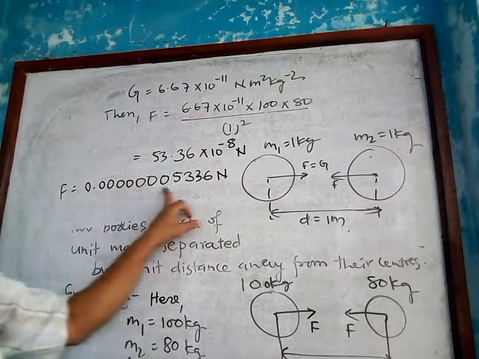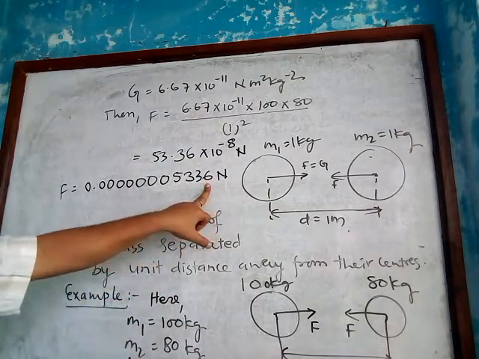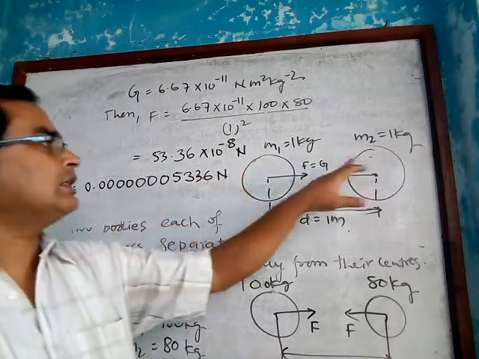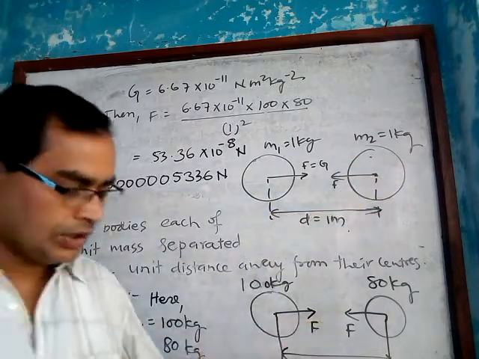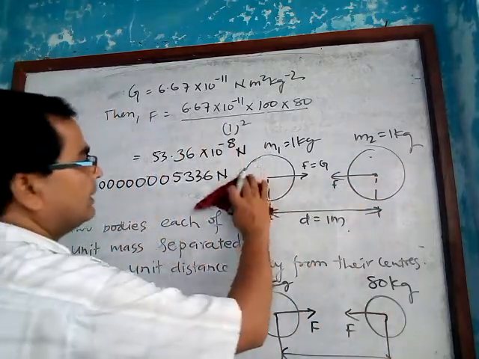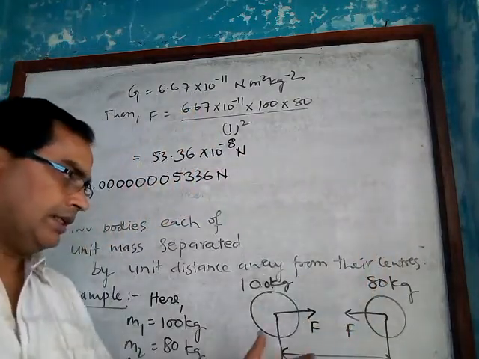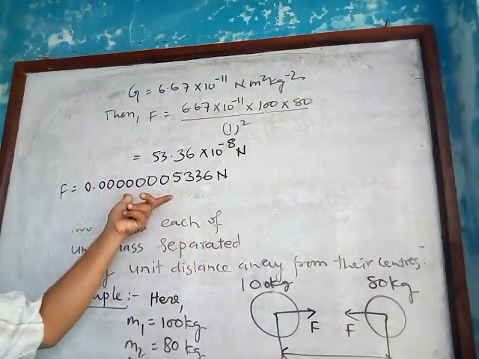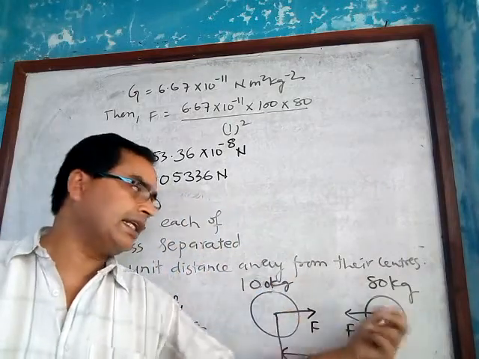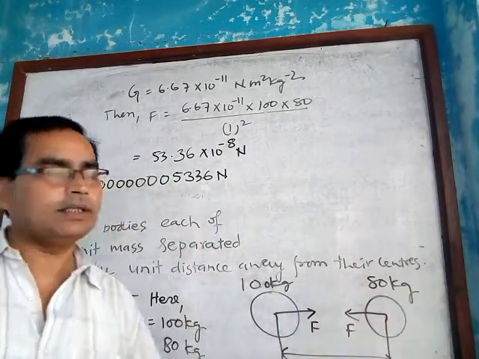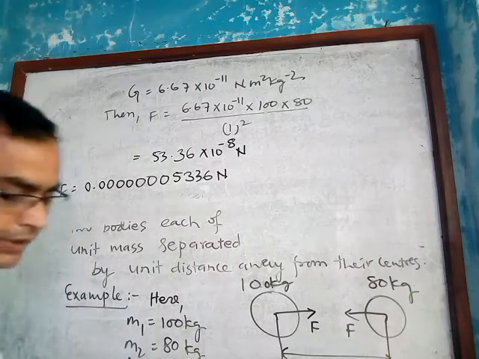And this is a very small force, and because of this small force, these two bodies are not moving towards each other, because this small force cannot create acceleration in these two bodies.